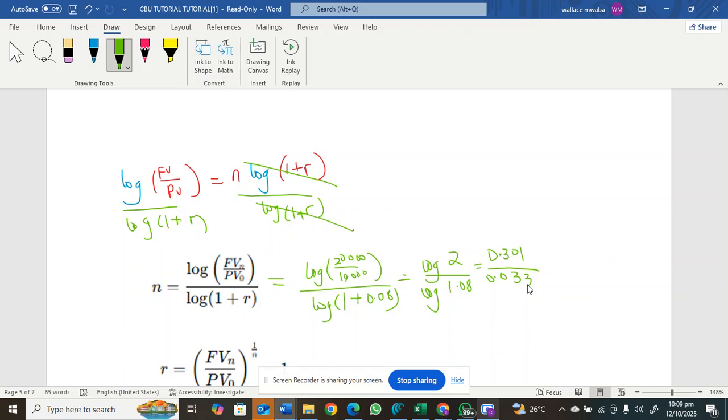So 0.301 divided by 0.033, we get 9.121.